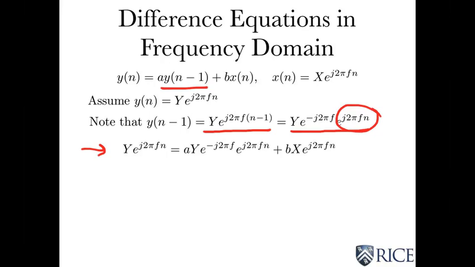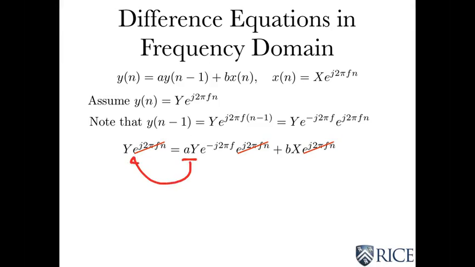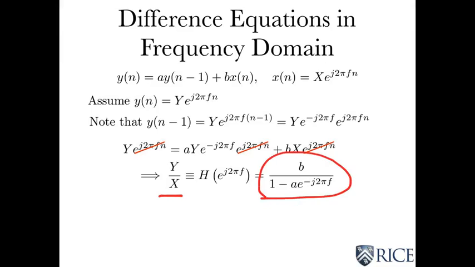I think you can see right away that the complex exponentials cancel, and sure enough, if I bring the a y term to the other side, factor out the y, and divide by 1 minus a e to the minus j 2 pi f, I have a solution for capital Y that works. As long as the ratio of y and x is equal to this, if I stick in a complex exponential, I get out a complex exponential.